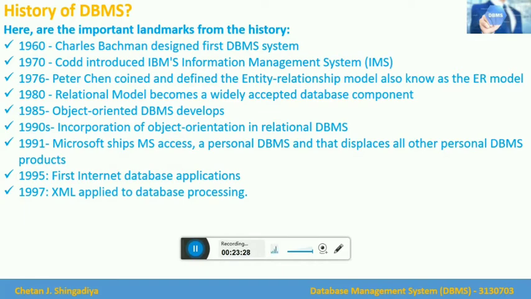In 1991, Microsoft shipped MS Access, a personal DBMS, and that displaced all other personal DBMS products. In 1995, the first internet database application was released. And lastly, in 1997, XML was applied to database processing. So this is a small history of DBMS, or database management system. This is very interesting.